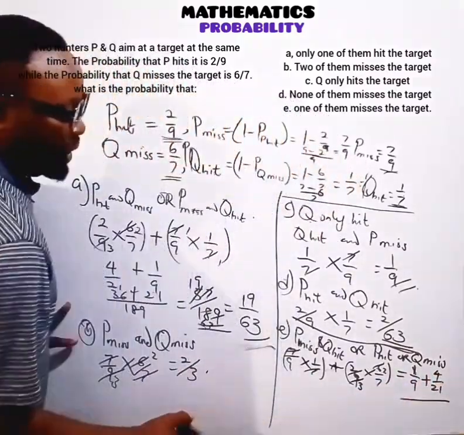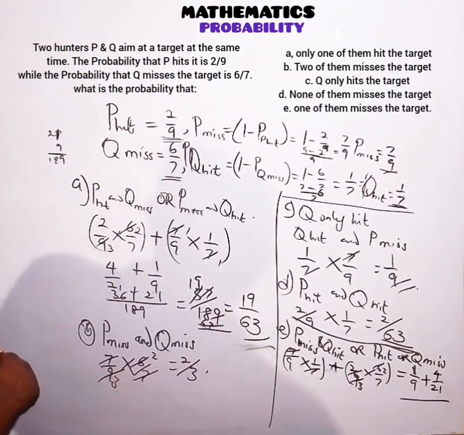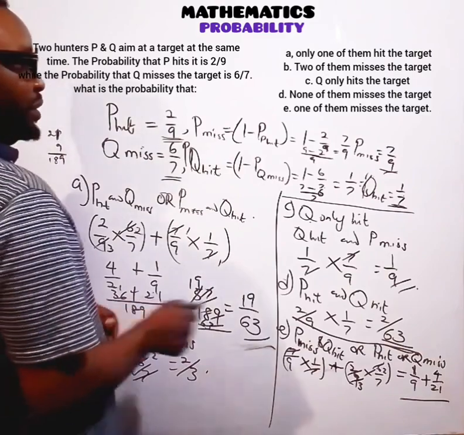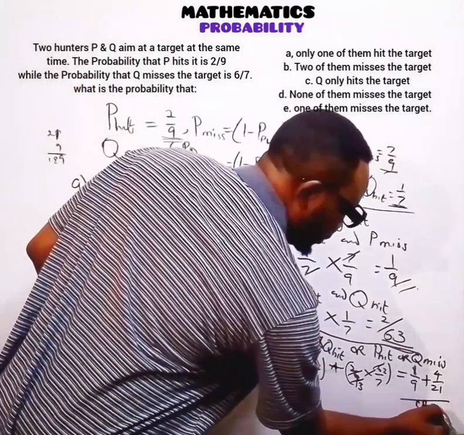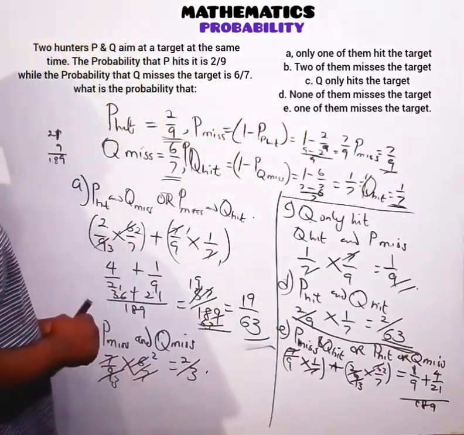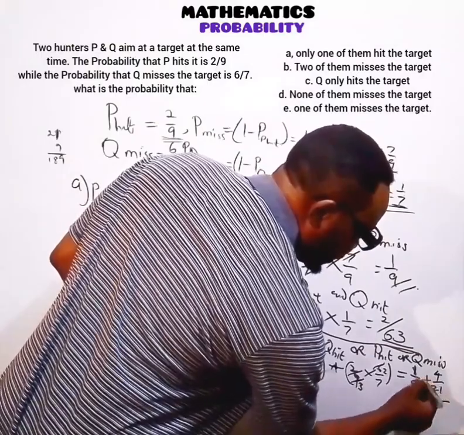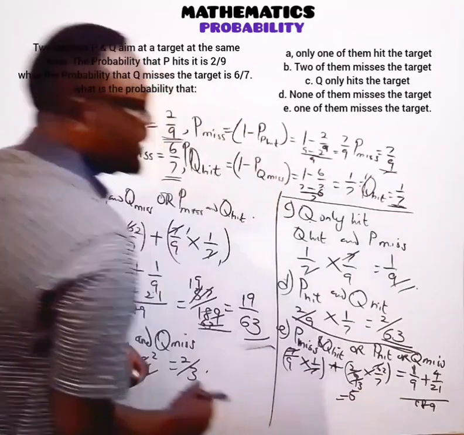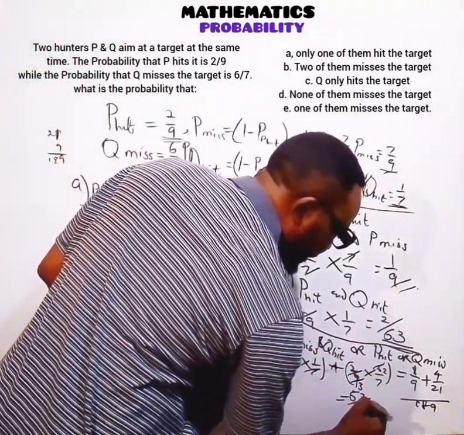So we find the LCM of that one. 21 times 9 is equal to 189. That will be 189 over 189, and we have 9 and 21, so that will be equal to 57 over 189.